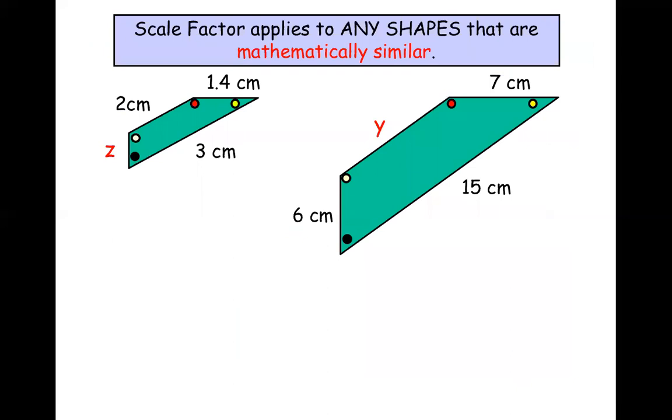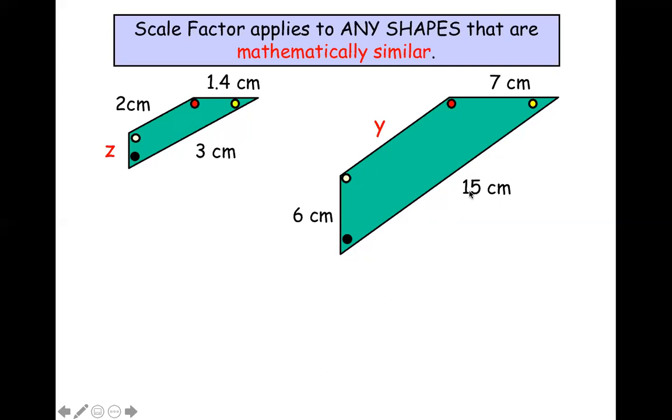So now let's have a look at this example, because scale factors apply to any shapes that are mathematically similar. The first thing we said was to look at angles. I've got the red angle here that corresponds to that one, the yellow, the beige there, and the black. So all angles are the same. And do I have proportion here? I've got 3 centimetres for that longer side, and 15 centimetres for that longer side.